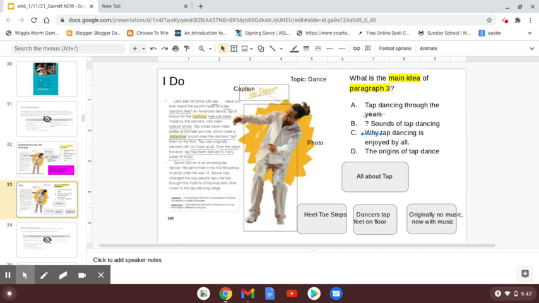They just talked mostly about how the dancers are dancing, what tap sounds like. They're telling me all about tap. So we're not talking about the origins, how it originated. So I'm going to mark through that word.